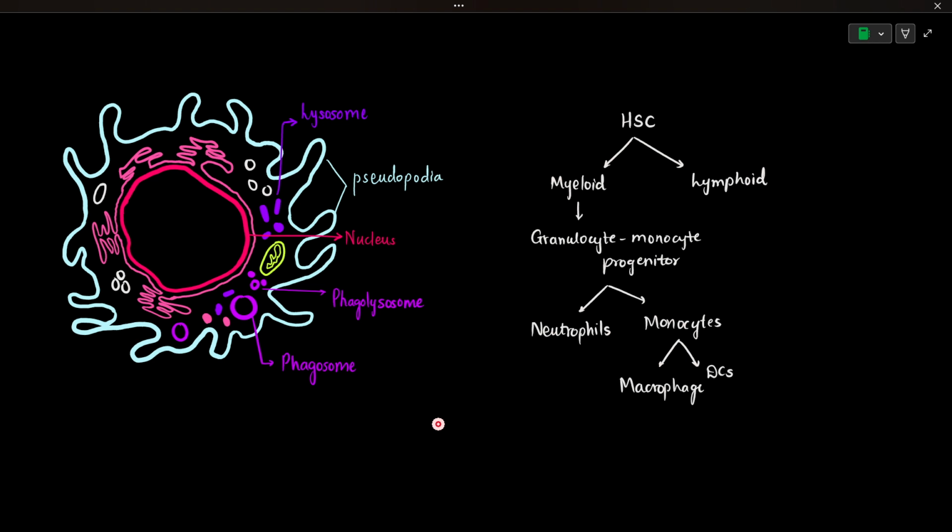And in this phagolysosome, the microbial contents, the peptides, are going to get digested. And once they are digested here in the phagolysosome, those digested peptides are now antigens, and they will be presented over the surface of the macrophage with the help of the MHC molecules, which the macrophage possesses, the MHC1 as well as MHC2 molecules, right?